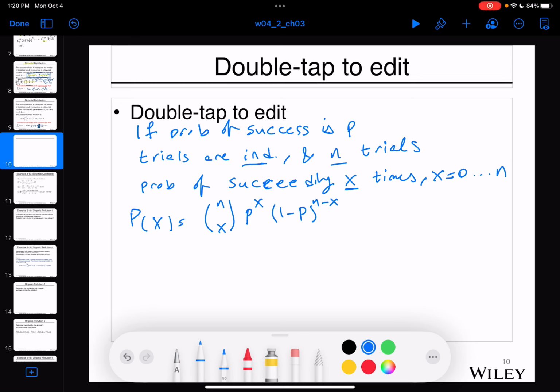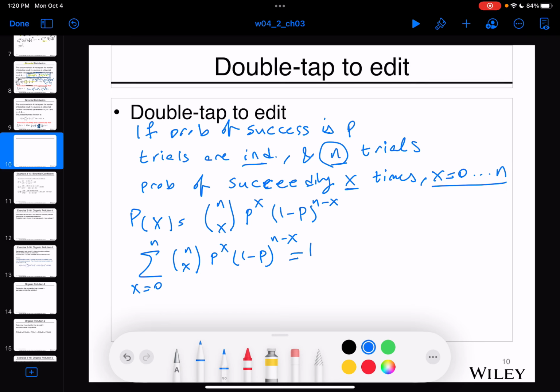So basically, intuitively, since the sum of probabilities must be 1, if we repeat this experiment n times, and x can only take these values, then by the axiom of probability, the sum of n choose x, p to the power x times 1 minus p to the power n minus x for x equal to 0 to n must be 1, right?